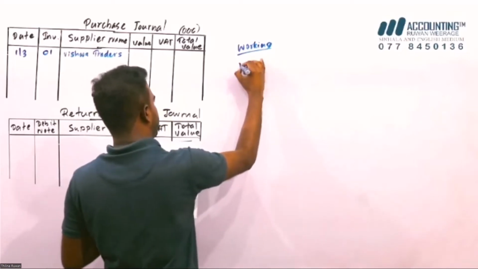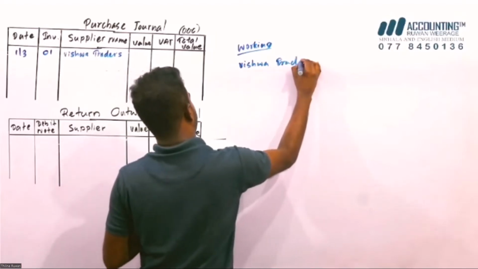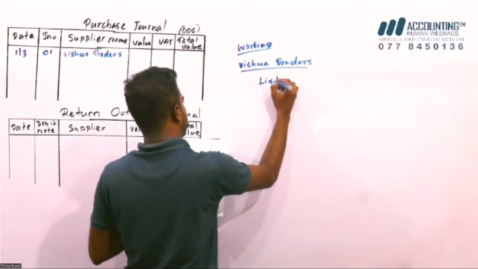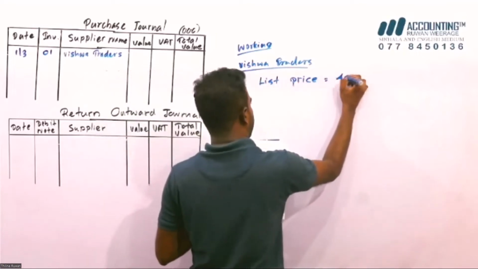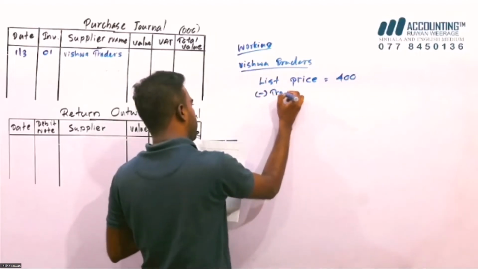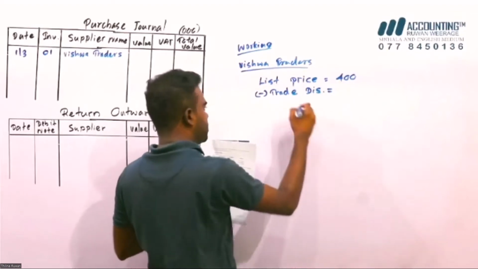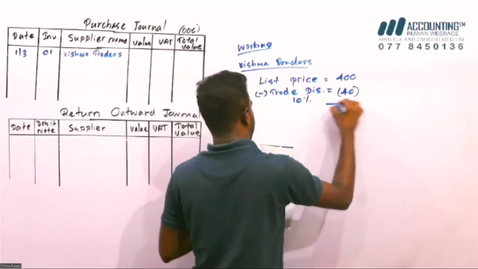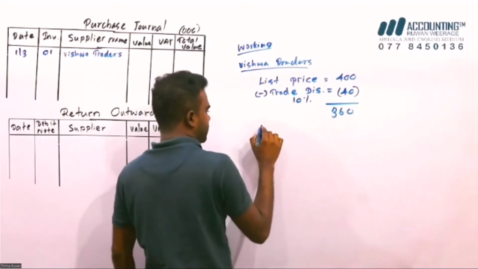January 3rd, credit purchases, invoice number 1, Vishwa Traders. That one is list price, no? List price how much? 400, no? And we should deduct the trade discount from that amount. How much is the trade discount? 10% means 40. Right.